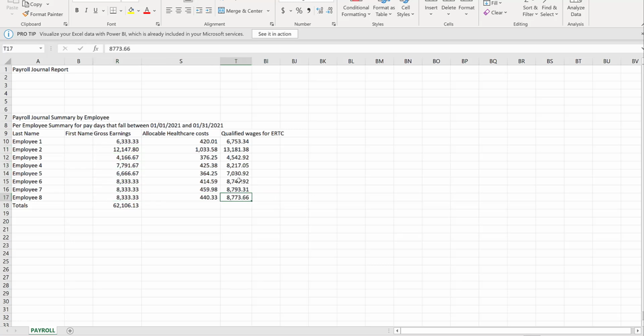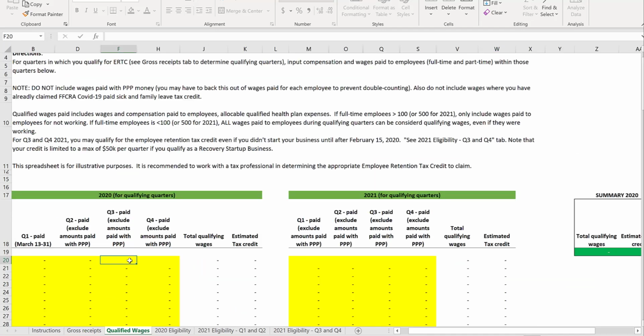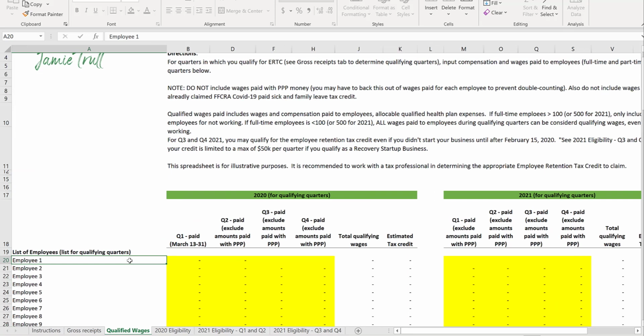And then I also have those people's portion of the healthcare costs that has been specifically allocated to them, because you can put allocable healthcare costs and you can add that to the qualified wages. All right. So what we're essentially going to do is take these numbers and plop them into this other tab. Go to the qualified wages tab of Jamie's calculator, and we're going to start putting in these employees' wages.